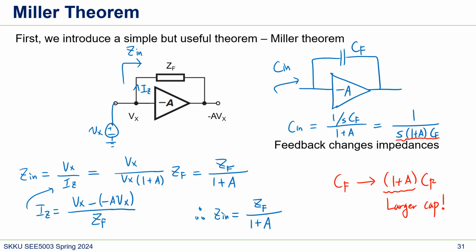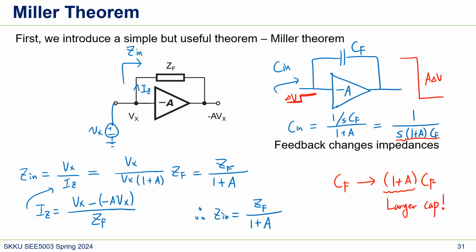And let's see why it happens. If you change the voltage here, what happens at the output? If this is delta V, then it becomes A delta V. So at this capacitor, suddenly the voltage change across it becomes so large, right?